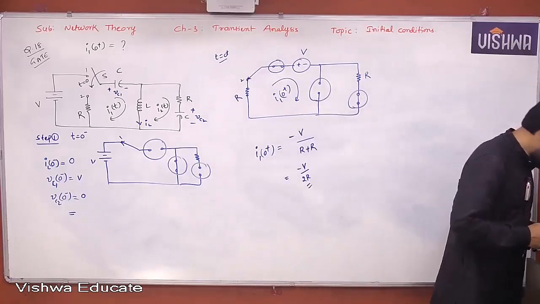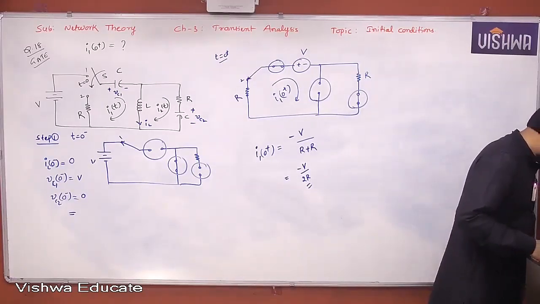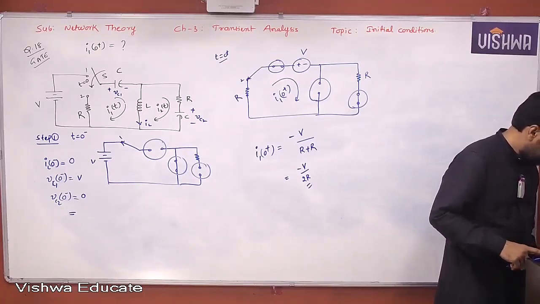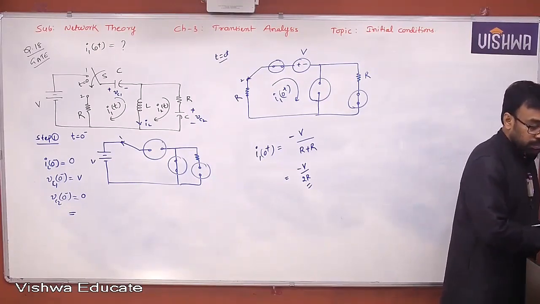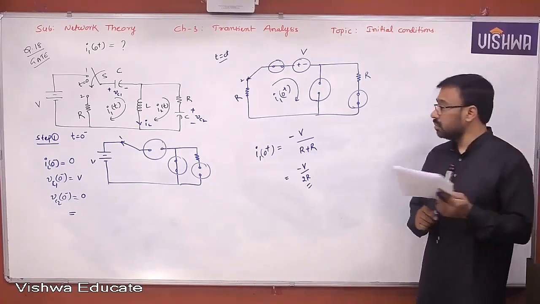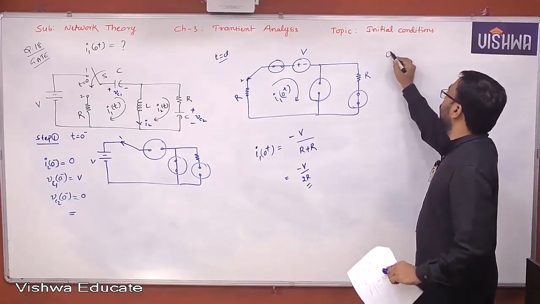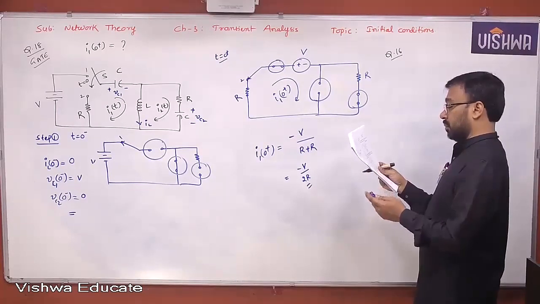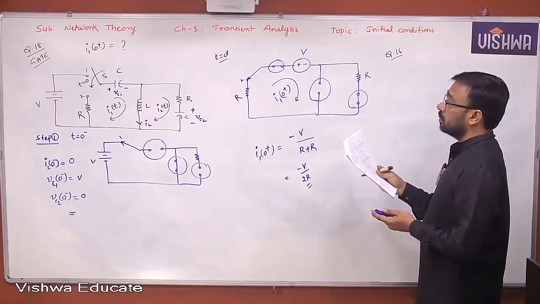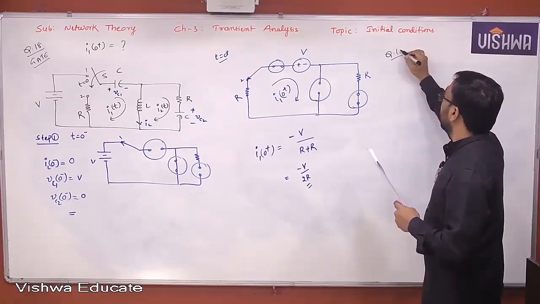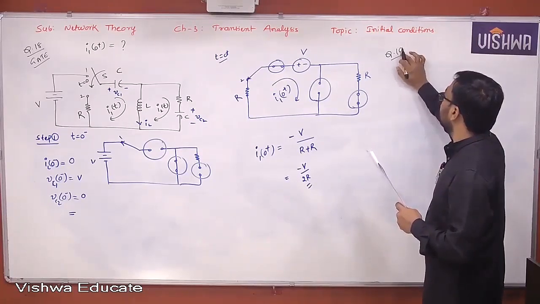Okay. The options are given already. Option A is correct, minus V by 2R. Question number 19.